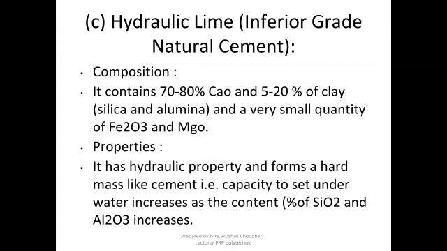It has hydraulic property and forms a hard mass like cement, meaning its capacity to set under water increases as the content of silica and alumina increases. So it can also be used as a cement, which has binding capacity when we add water.